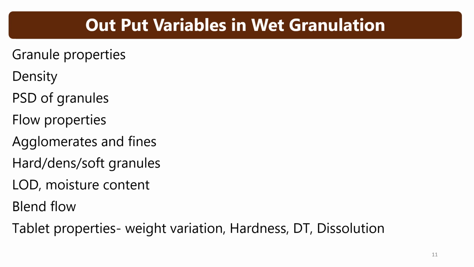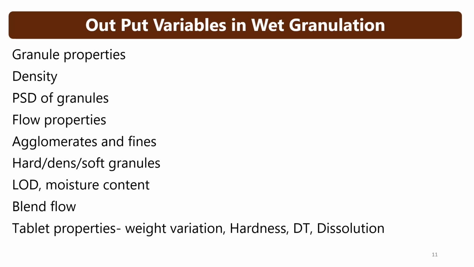So it affects the granule properties: granule density, particle size distribution of granules, flow properties of granules, then percentage of retention and percentage of fines. If fluid uptake is less, that time fines will be more.